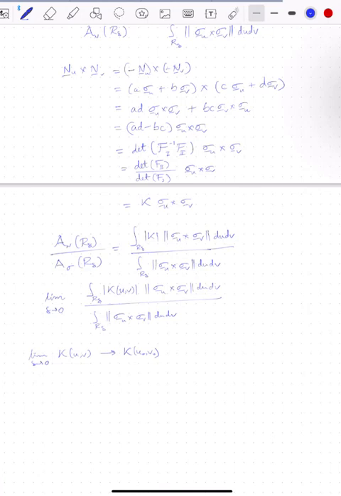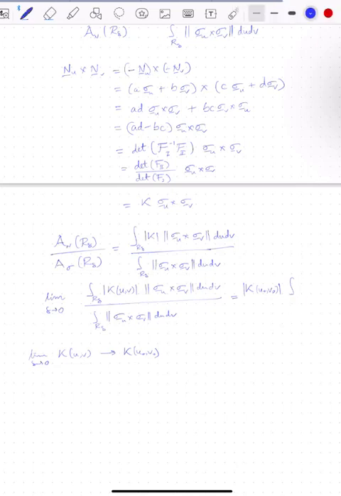And since u naught v naught is a point, K of u naught v naught is just some constant scalar, right? So in this limit, we can just bring out K of u naught v naught, and then the integral over R delta. In this case, R delta is also tending to 0.